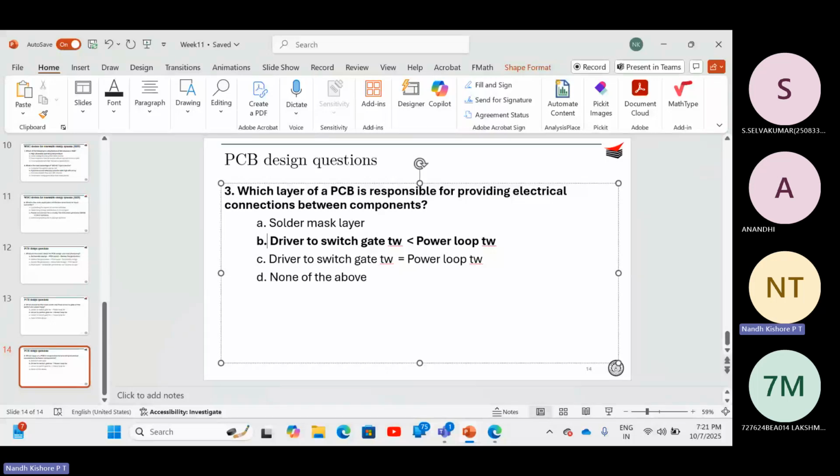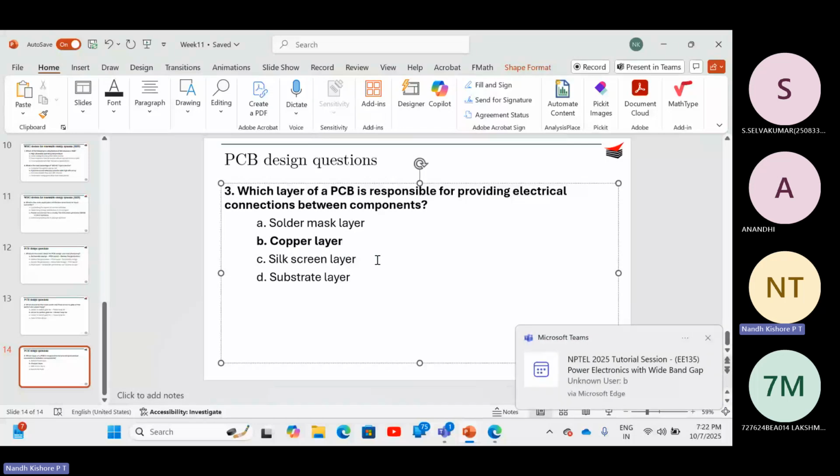This is very, very simple. So what is the answer? I think the answer is also highlighted correctly. So which of these provides electrical connections? The answer is obviously the copper layer provides electrical connections, right?